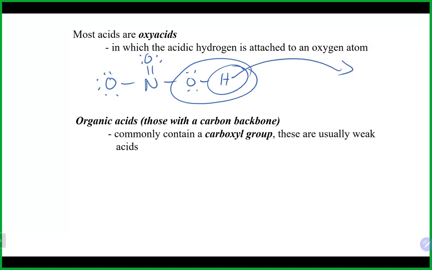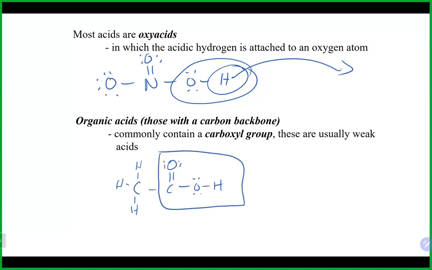A lot of organic acids have a carboxyl group, and the most popular one is the one that we used the other week, which is acetic acid, which is what you find in vinegar. And this right here is an organic group known as the carboxyl group. And it is still this OH, and that is the hydrogen that's going to come off. By the way, none of those other hydrogens come off because those are all non-polar.